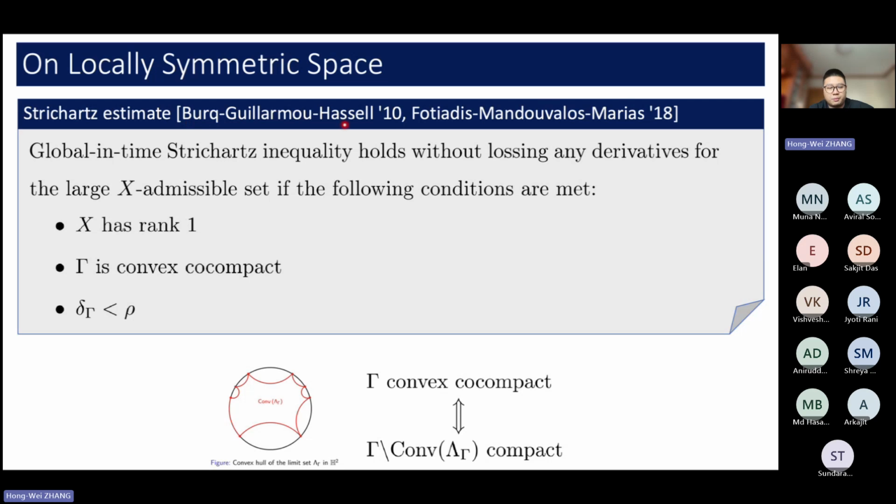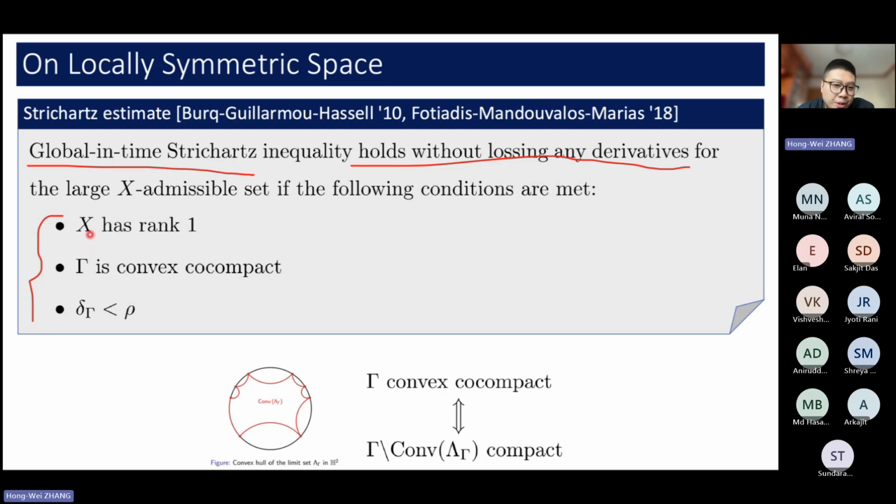Anker, Germain, and Léger proved it on real hyperbolic space, and Fotiadis, Mandouvalos, and Marias proved it in locally symmetric spaces of rank 1. They know that if the global in time Strichartz inequality holds without loss of derivatives, then the space should satisfy these three assumptions.